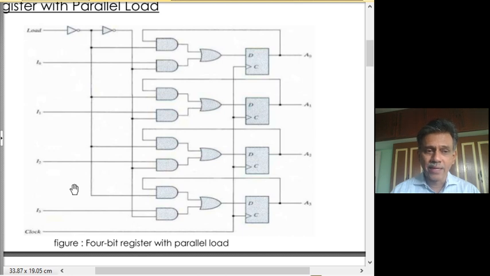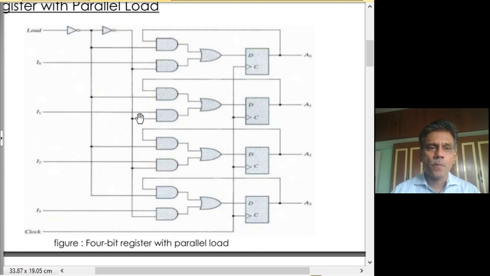And to make that happen, we manipulate the bit that reaches the D input of these flip-flops, and we don't manipulate the clock. You can see here that the same clock goes to all the clock inputs of the D flip-flops, and we don't add any external enabling circuitry in the clock path.